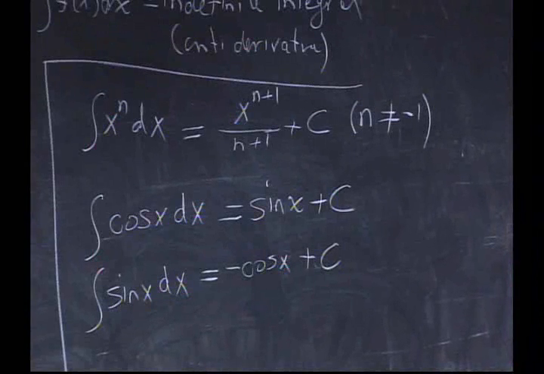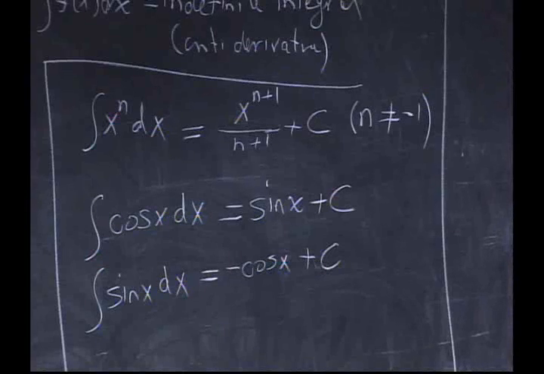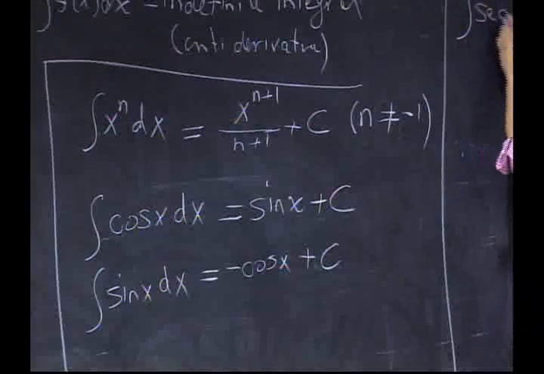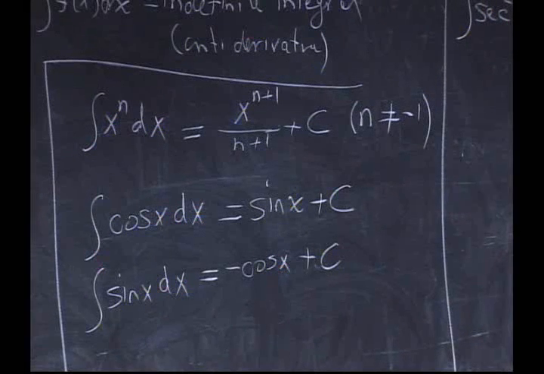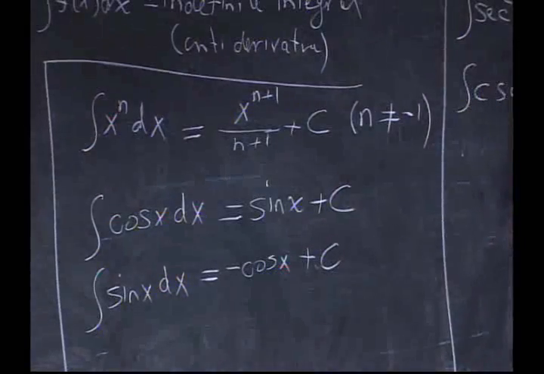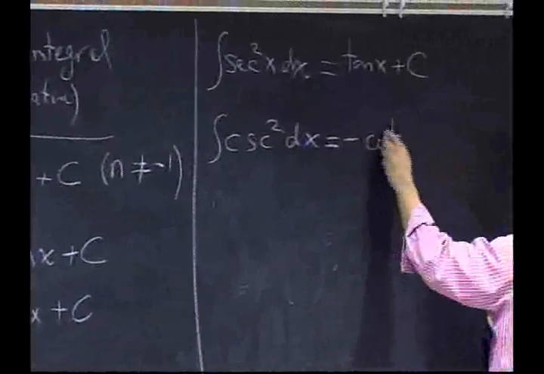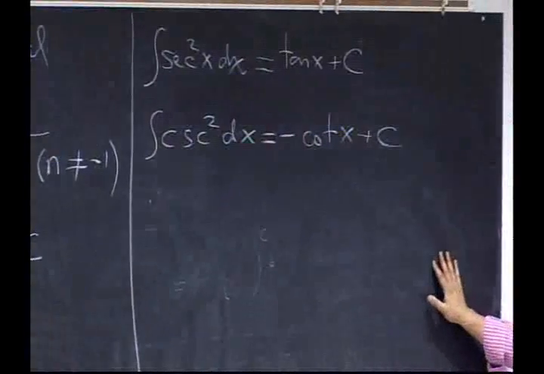So this table that I'm writing is basically the same table I wrote for derivatives, but backwards. So the derivative of what is secant squared? Tangent x. Cosecant squared, negative cotangent x, right?